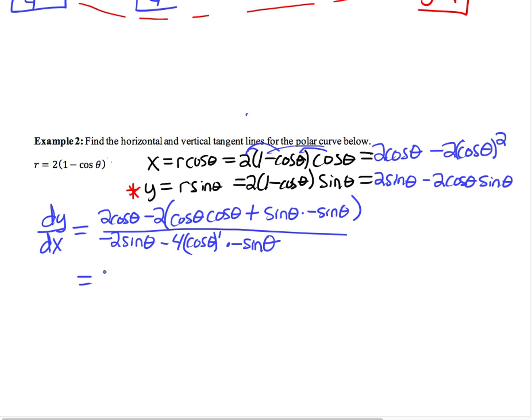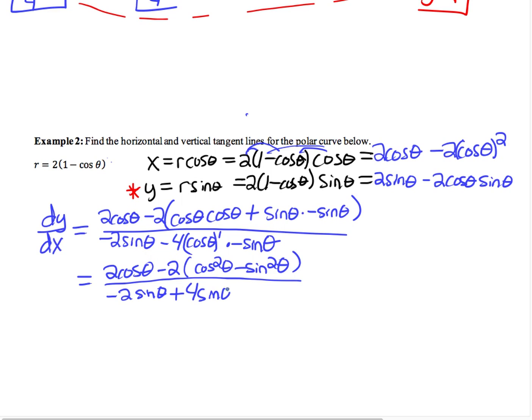So we're going to have 2 cosine, then we've got minus 2, and then up here we've got cosine squared minus sine squared. So there's that. On the bottom it looks like I have minus 2 sine, and then plus 4 sine cosine.